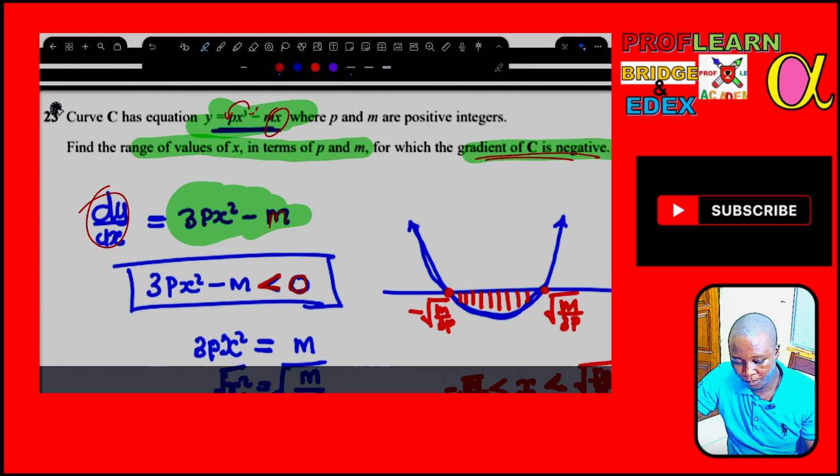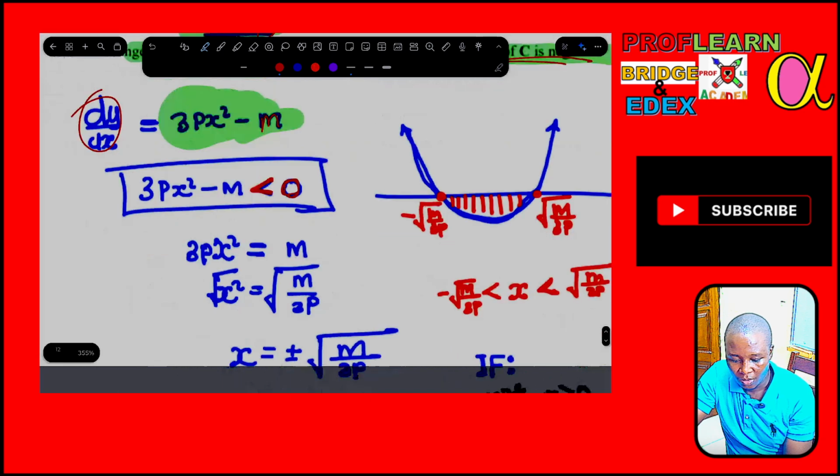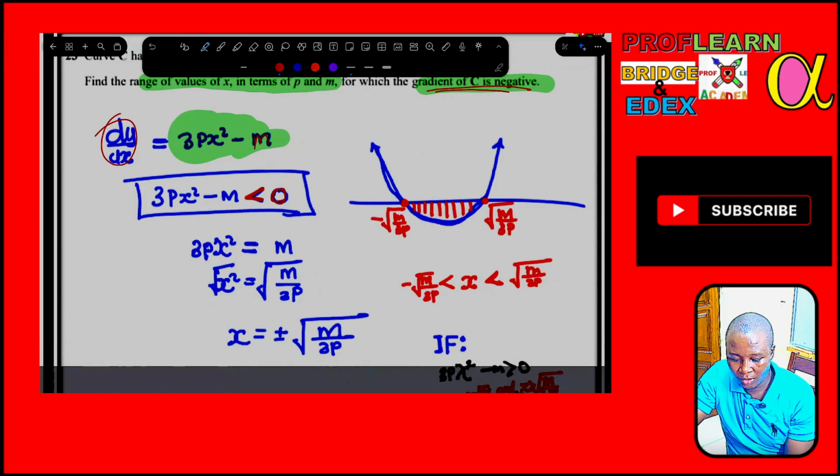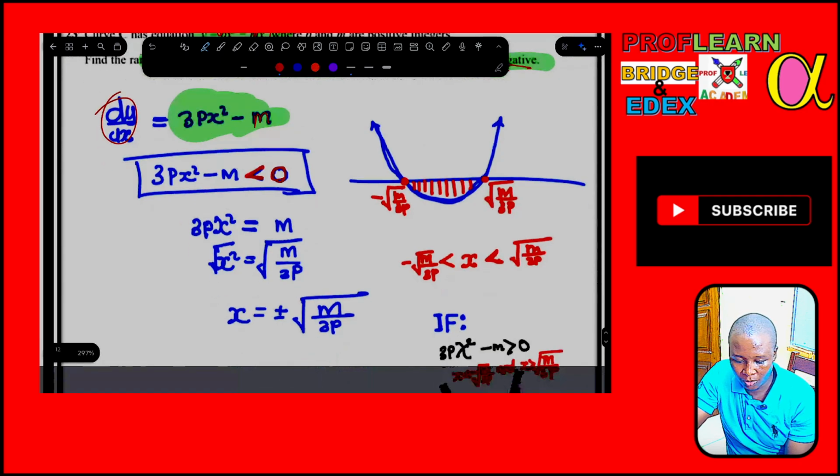So if you treat this as an equal sign, then you solve that quadratic, you are going to get x equals plus or minus the square root of m over 3p, because you divide by 3p and then find the square root. That's exactly what you are going to get.